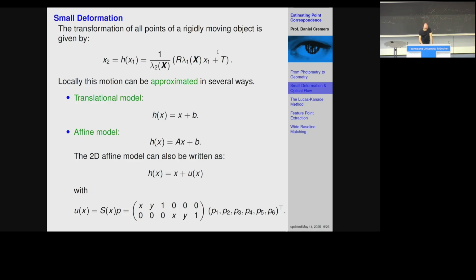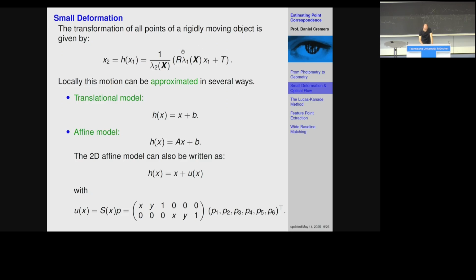And now, where does it end up in image 2? The same thing holds for lambda 2 x2. This is rescaling x2 to get to this point. But then we have this point in the coordinates of the second camera, and so we need to do a rotation and translation of it. This is what we have here.